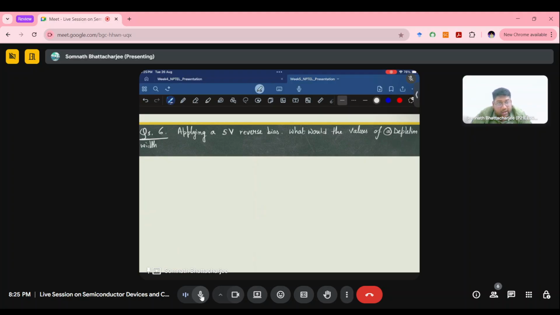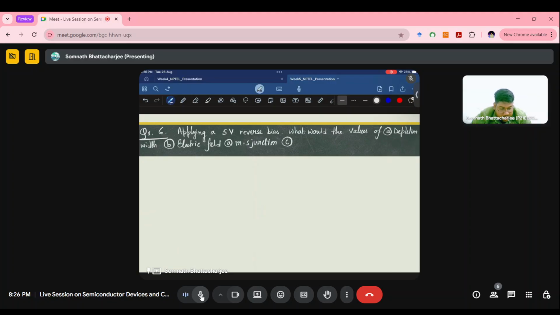If we are applying a 5 volts reverse bias, what would happen with the depletion width? Second, what will be the value of the electric field at the metal semiconductor junction?